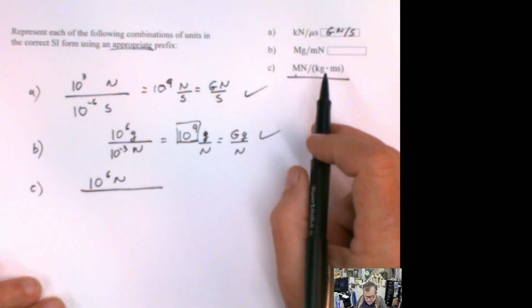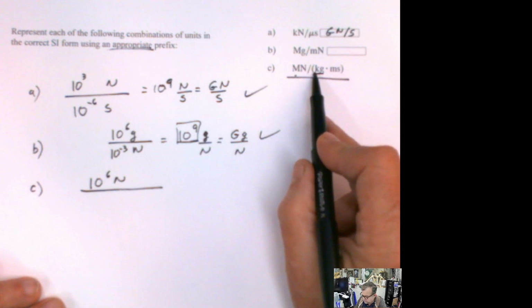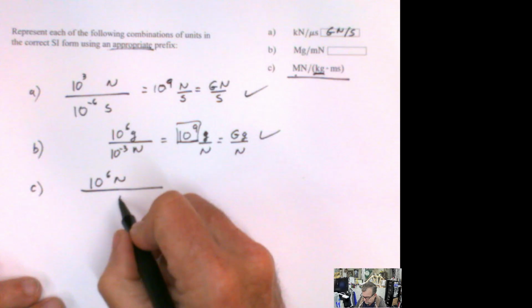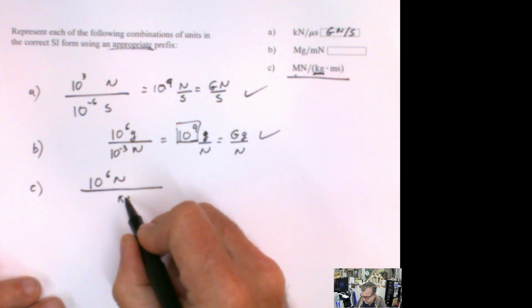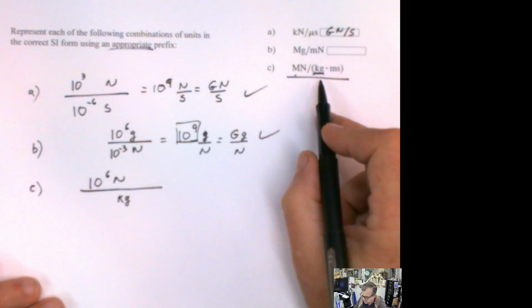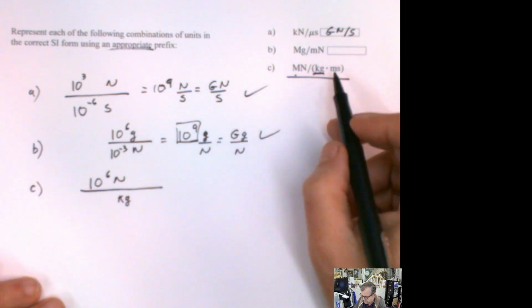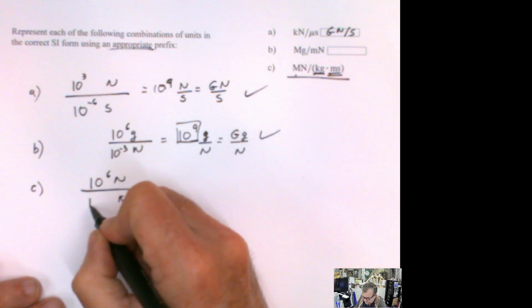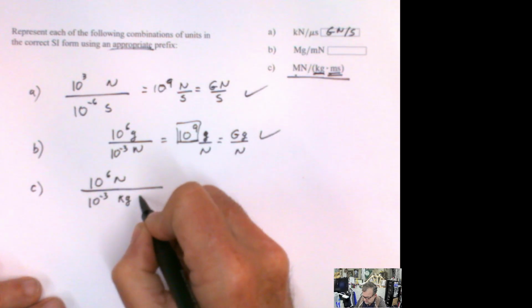Remember, kilogram is the accepted root for the denominator or numerator. So I'm going to keep the kilogram as kilogram. I'm not going to change it to grams. I'm going to keep it in kilograms, and later on, if I need, I will change it. A millisecond is 10 to the negative 3 seconds.